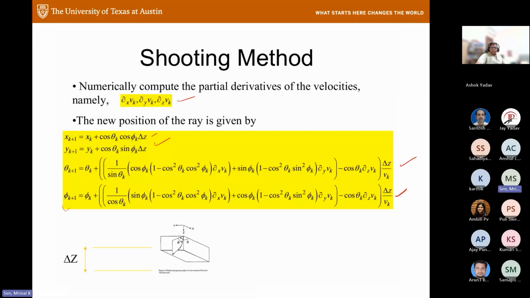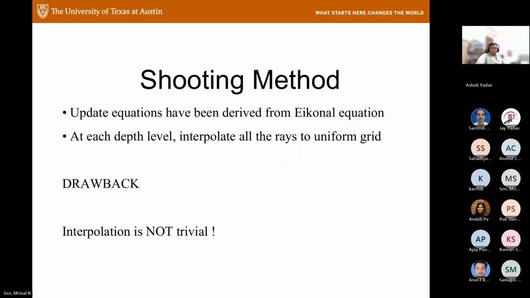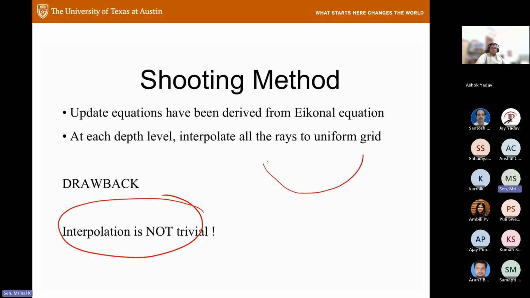So this interpolation becomes a serious problem also. When you have multiple ray paths, if you have rays that are going like this and then they turn and they come here, it becomes very, very complicated.